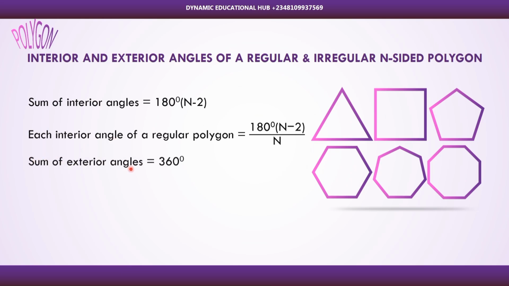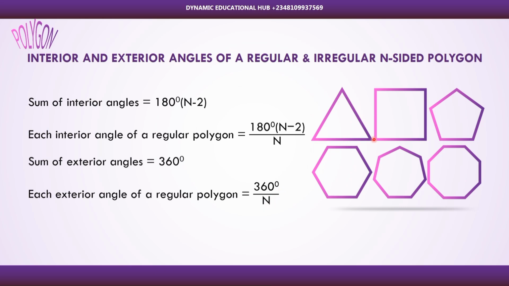The sum of exterior angles of any polygon, either regular or irregular, is equal to 360 degrees. And to find each exterior angle of a regular polygon, we use this formula: 360 degrees divided by the number of sides.